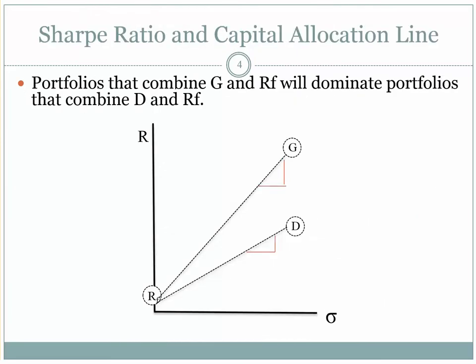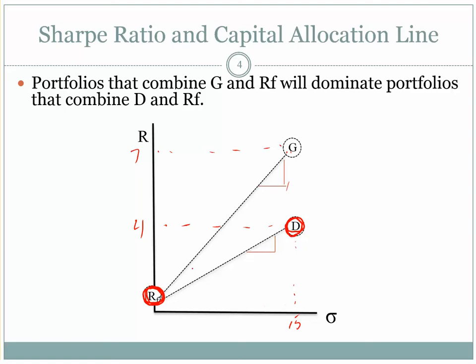So the Sharpe ratio, if you think about it, if my risk-free asset gives this rate of return, which I said was about 50 basis points, I can invest in a portfolio D, which was, say, a U.S. fund, which had a 15 or 16% standard deviation and a 4% return, or I could have invested in a global portfolio, which had about a 7% return and a little bit higher risk.